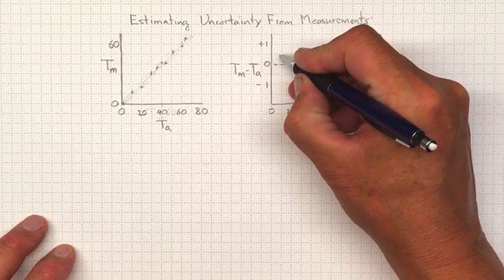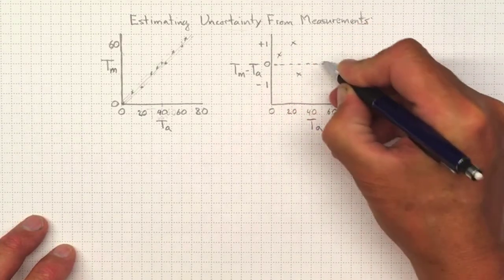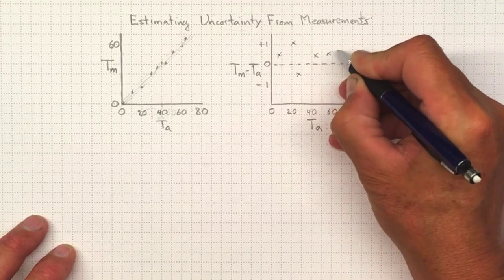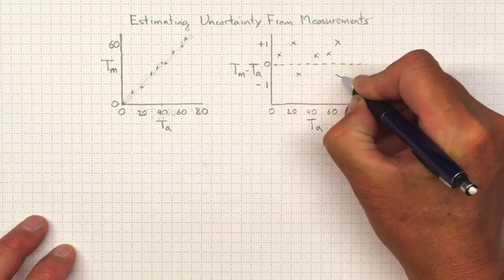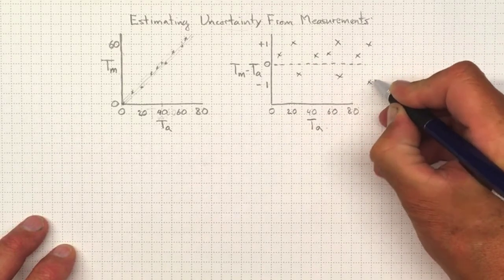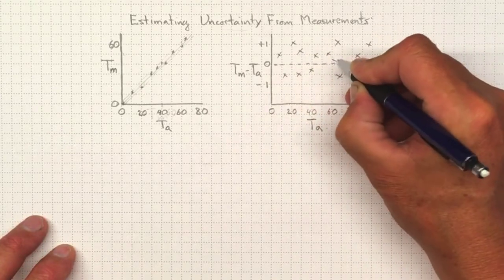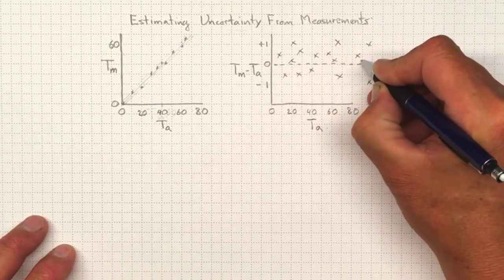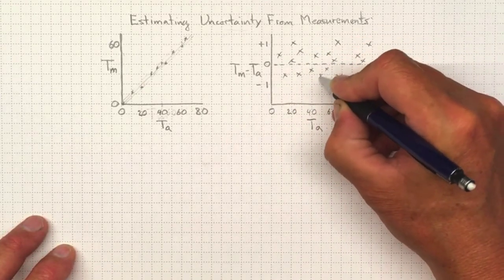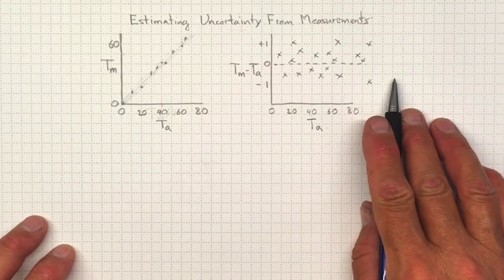So in this case, I might wind up with some data points that look like this. And let's fill in a whole lot of them around here. And there's lots of them that are actually fairly close in there. So I've got some scatter in my data.